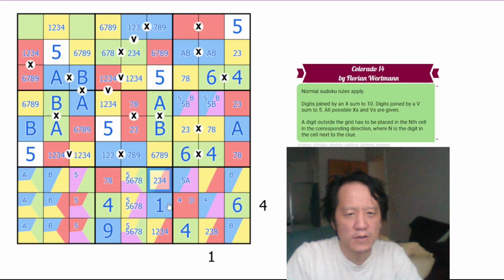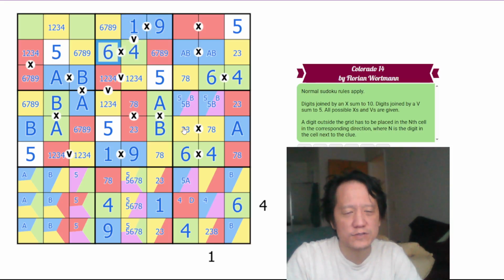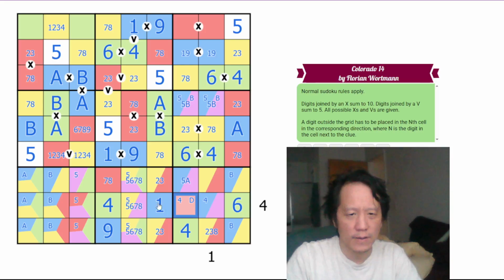No 9. This is 1. This is 9. This is 1, 9, 4, 6. Okay, this cannot be green.